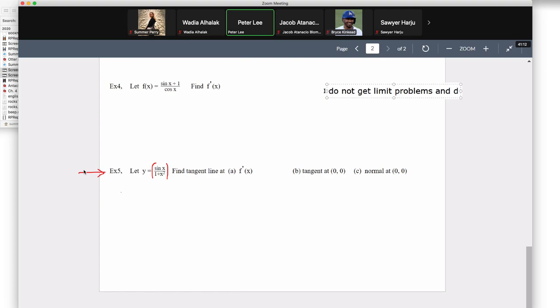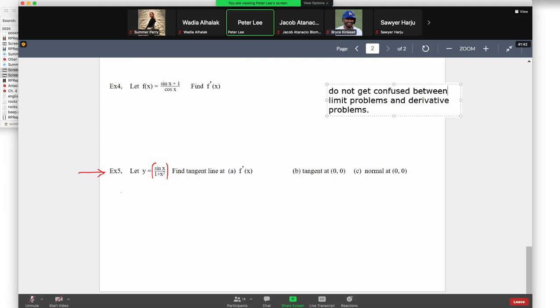One of the problems students are having is that they get the derivatives and the limits mixed up. Do not get confused between limit problems and derivative problems.